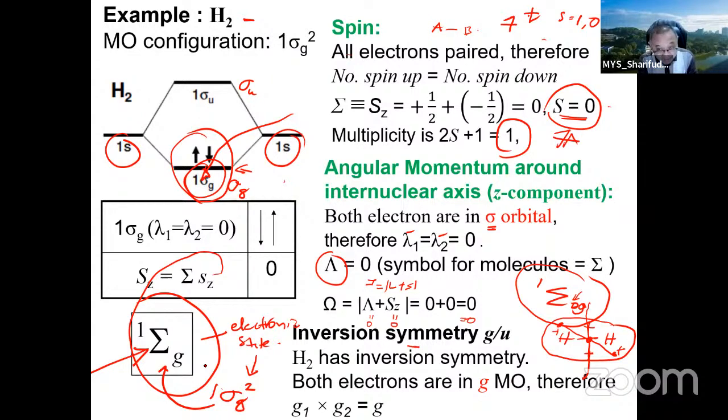Even in atomic spectroscopy, the state is given by the term symbols, that is the electronic state, and it is basically due to a certain configuration. But usually people will not think about the configuration. People will just talk about electronic states in terms of term symbols. For example, we talk about the 1 sigma G state being excited to another electronic state.